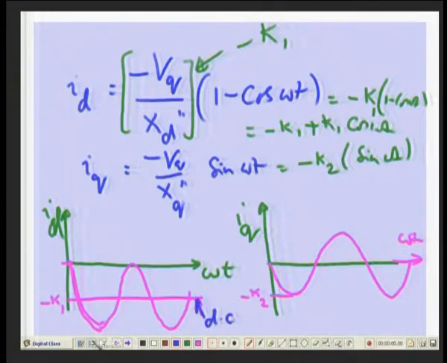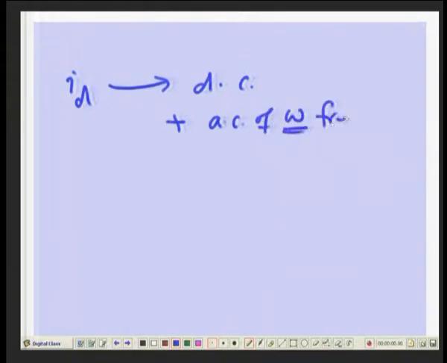So, we conclude that ID will have a DC component plus, not transient, DC plus an AC of omega frequency.